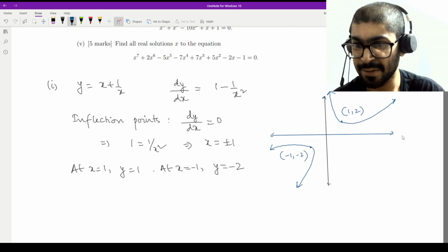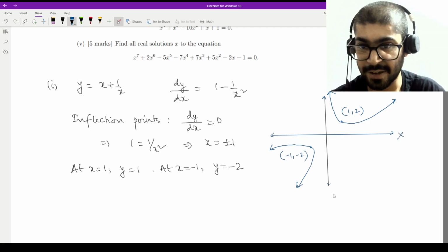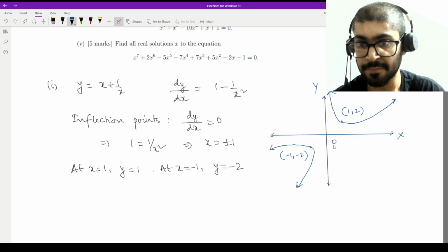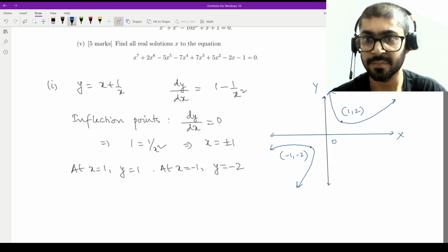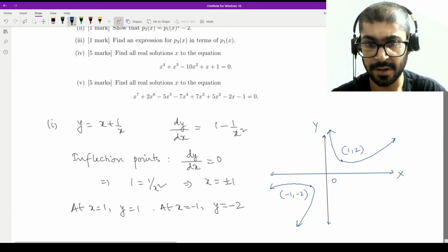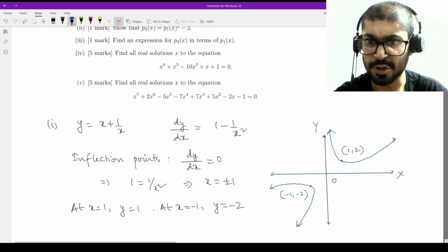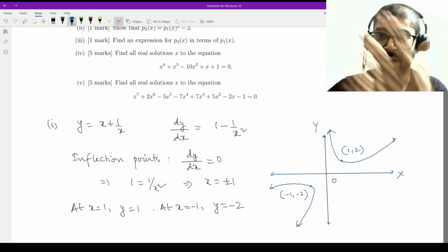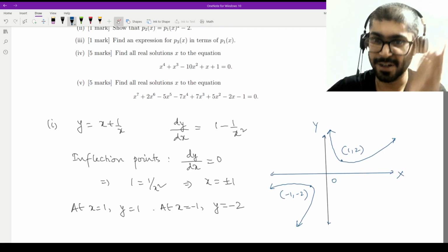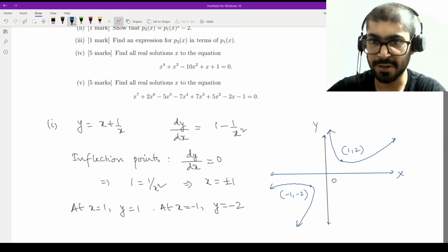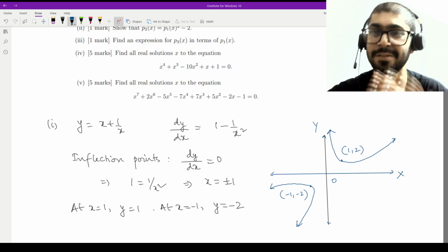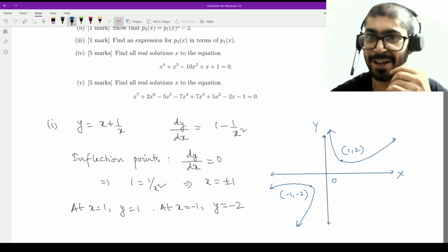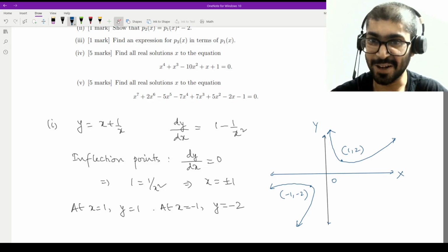It's a very rough diagram, but this suffices. I hope my face is not blocking it off. Check the graph, it should be clear right now. Okay, so hyperbola, x plus 1 by x, it turns at (1, 2) and (-1, -2). That is done, and that finishes the entire portion of functions and graphs that we have been dealing with.